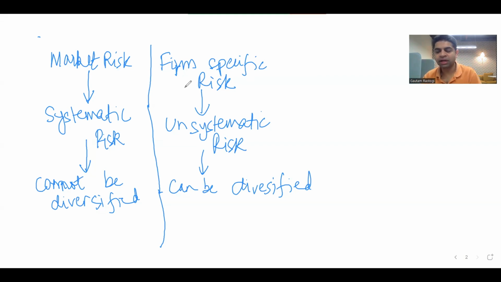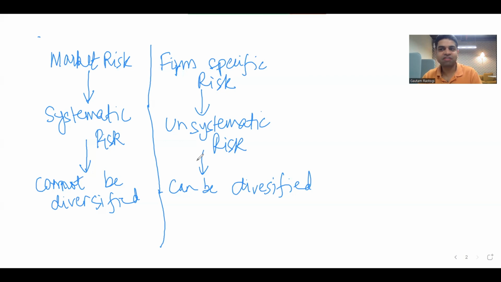But say I am a small retail investor, I don't have a lot of money, and I just put my small amount of money in one company, then I'm actually exposed to both market risk and firm specific risk. Then what do you think the cost of equity would be?